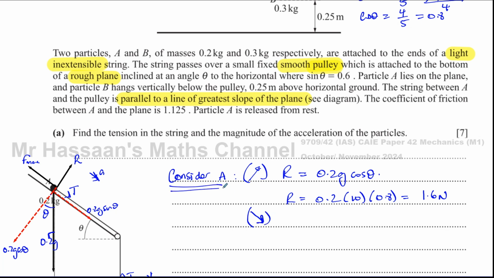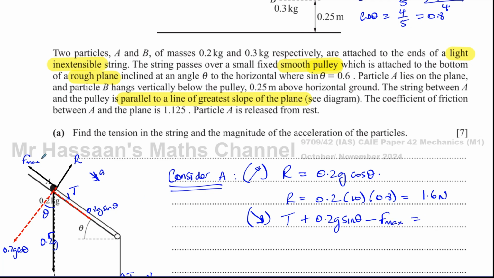So down the plane, we have the tension, plus the weight acting down, which is 0.2g sine theta, and minus the friction.